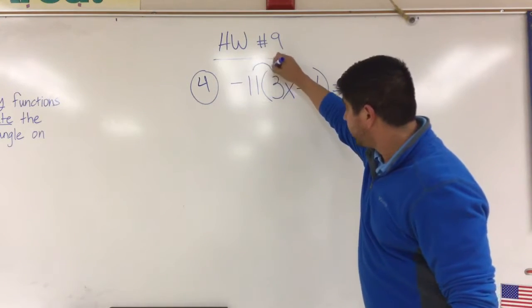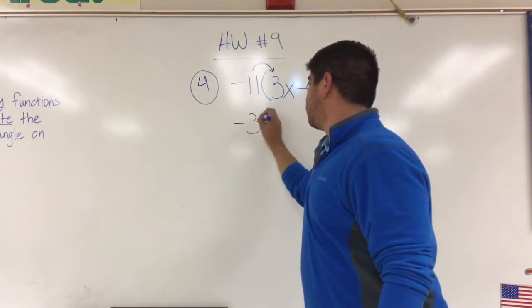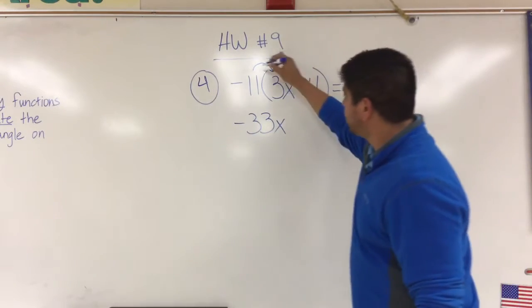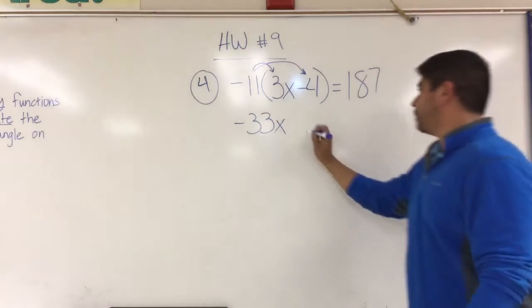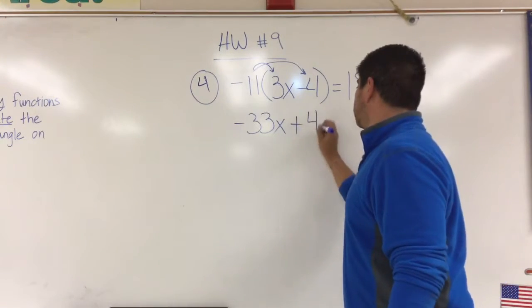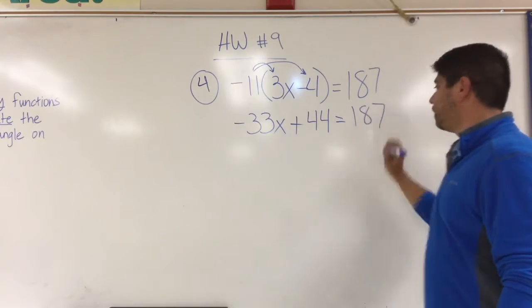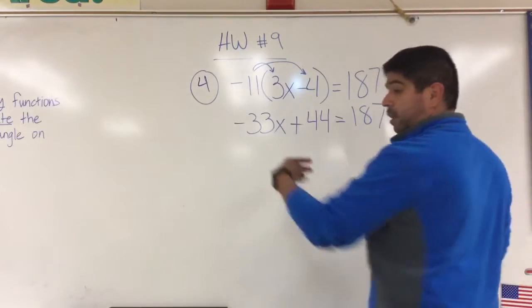So -11 times 3x becomes -33x. And also -11 times -4 becomes +44 equals 187. So now that I have this, I can solve for x like I usually do.